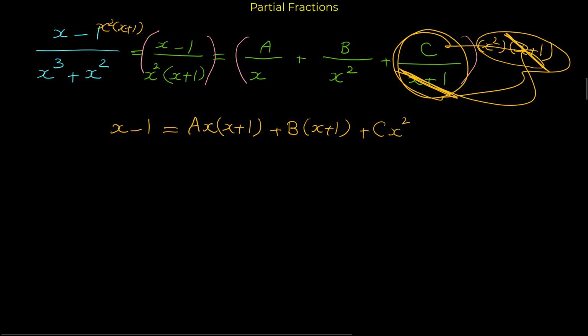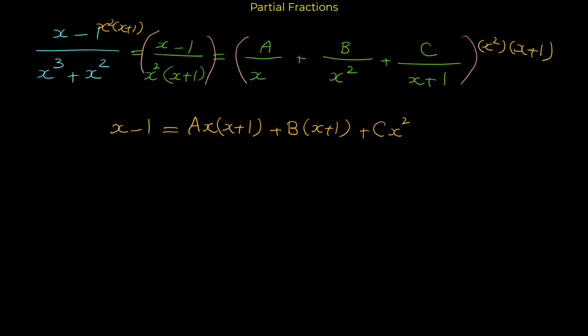C x squared. Now here we are going to multiply the brackets, the expression outside of the brackets to the brackets, and simplify. x minus 1 equals A x squared plus A x plus B x plus B plus C x squared.